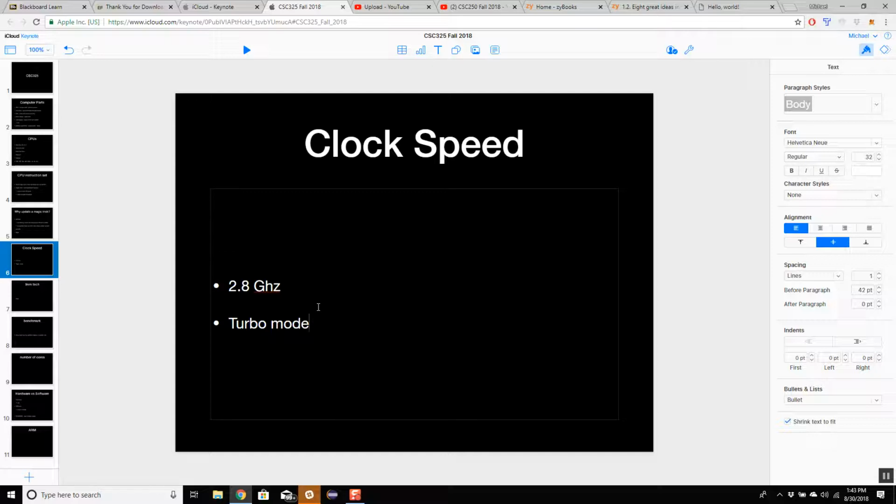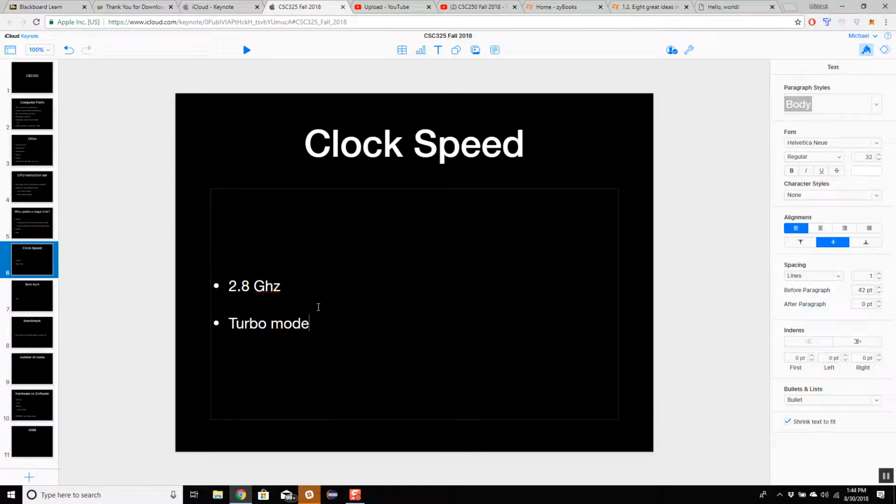But yeah, so these processors that have kind of a turbo mode allow the processor to scale up to a higher clock speed situationally to accomplish more in a very short period of time. It's not something you want to be running at that speed a majority of the time.